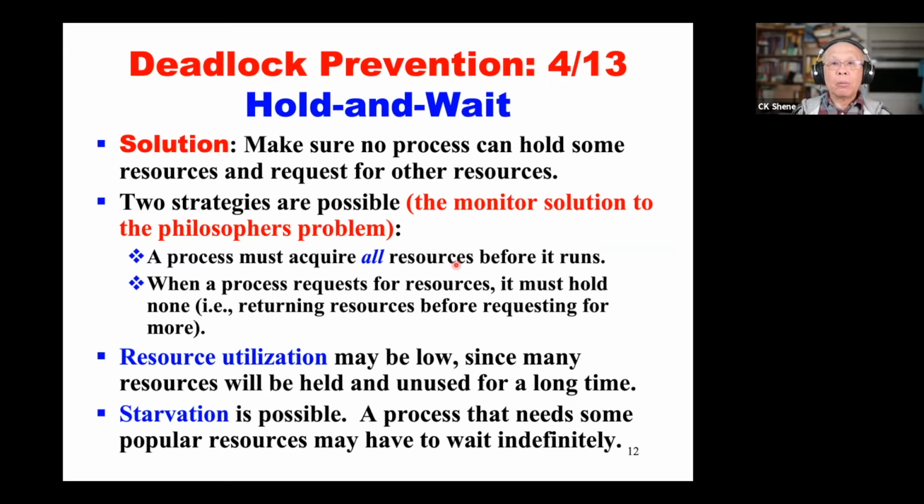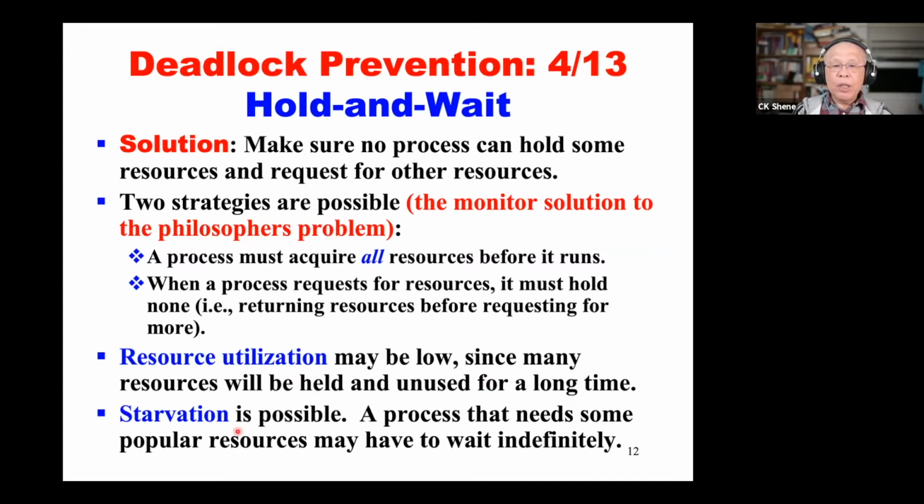My program runs for 10 hours. So that means if I get that printer, it cannot be used by others for 9 hours. Isn't it ridiculous? This is what is stated here: many resources will be held and unused for a long time.